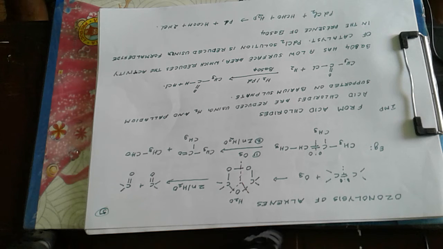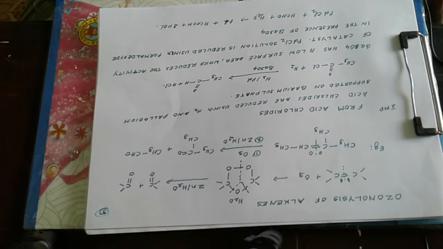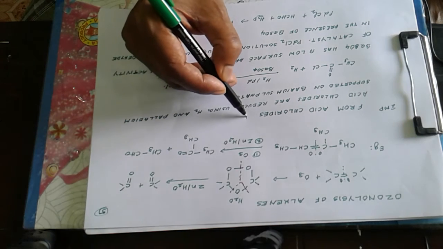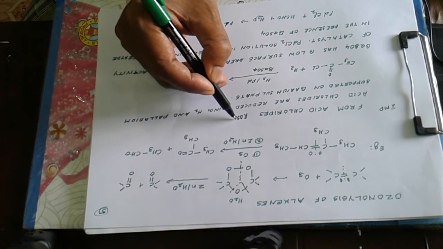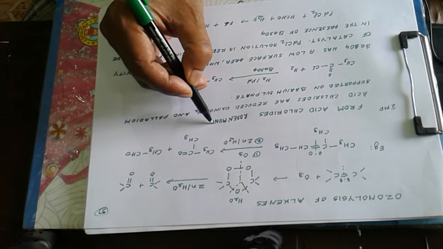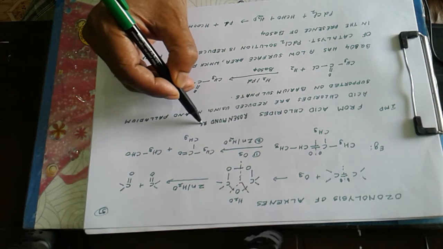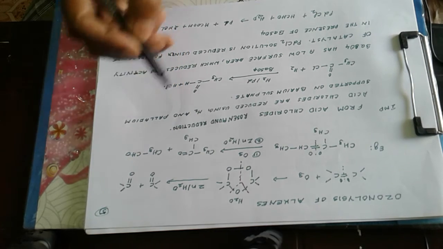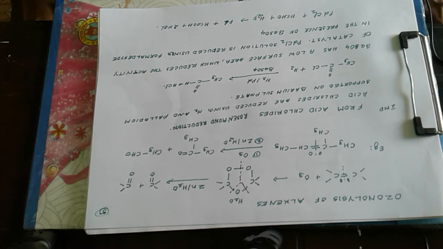Now an important reaction, that is Rosenmund reduction, it is called. And here an acid chloride means it's a derivative of acid.